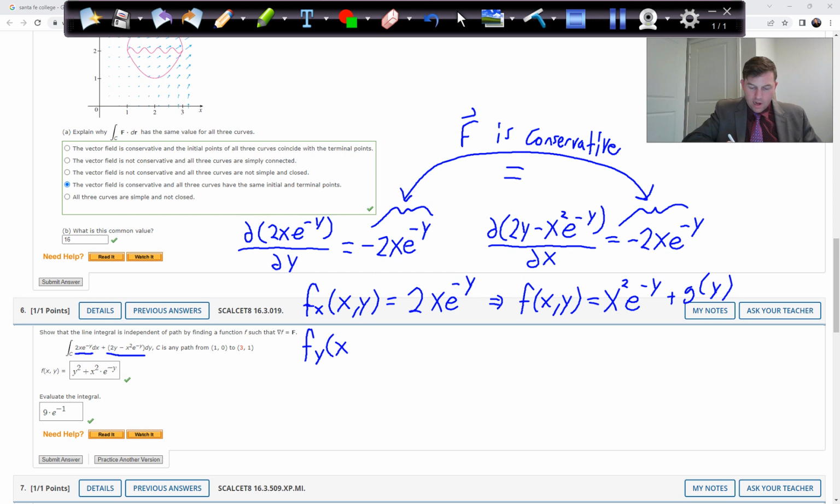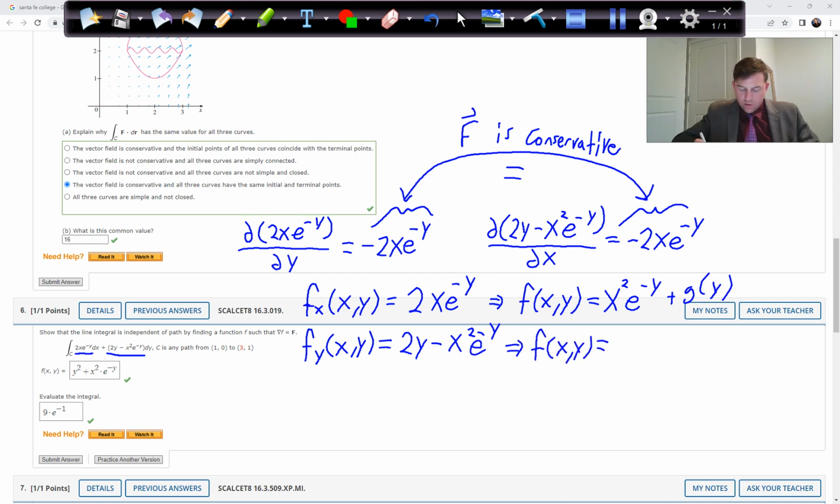Partial derivative of f with respect to y should equal the second term, 2y minus x squared e to the minus y, which implies that the function f(x, y) should equal y squared minus, this one's a little tricky, it's actually going to be plus, because the antiderivative of e to the minus y would be minus e to the minus y, but there's already a minus there, so there's a double negative, x squared e to the minus y, plus potentially some function that has only x's in it.